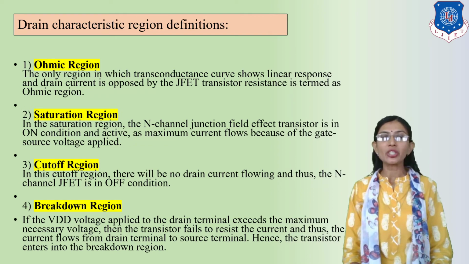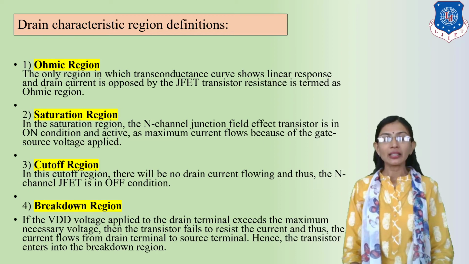And the breakdown region: the definition of breakdown region is that if VDD voltage applied to the drain terminal exceeds some particular level or particular voltage, then the transistor fails to resist the current. So maximum current flows due to this. Then the transistor goes into the breakdown region. Thus, these are 4 most important regions for output characteristic, that is drain characteristics of JFET.